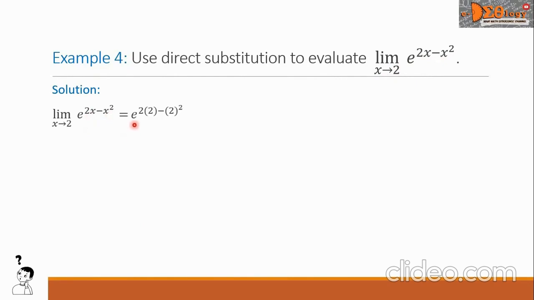So we have now e raised to the quantity 2 times 2 minus 2 squared. This 2 times 2 is simply 4, minus the 2 squared is 4. And 4 minus 4 is 0. We can simplify the e raised to 0 as 1. This is our final answer.